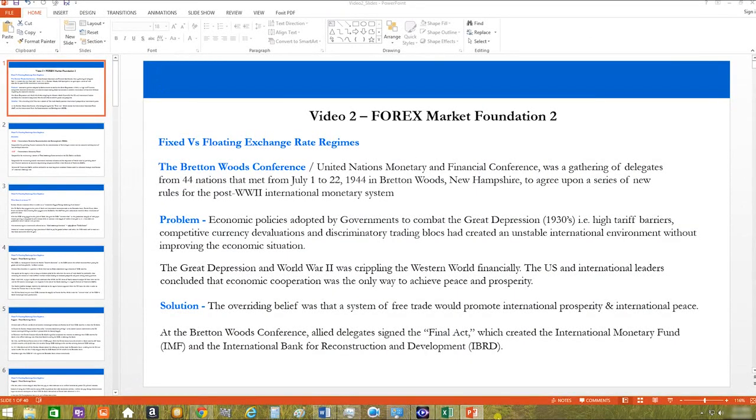Okay, so welcome back to the computer screen. What we're going to look at now is specifically we're going to be looking at fixed and floating exchange rate regimes. Now, the reason why we're doing this is really twofold. Firstly, you'll recall that in video number one, we specifically looked at the opportunity set, as in the set of opportunities that this asset class, the Forex markets, present to us as traders.